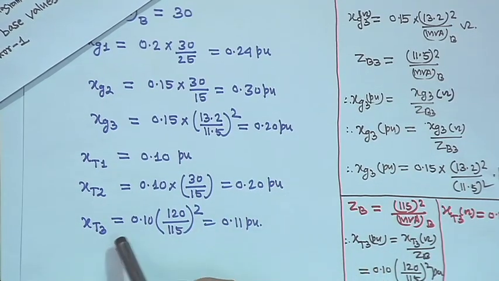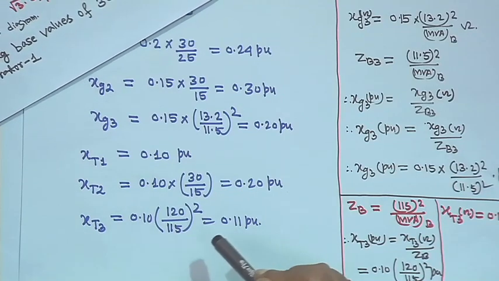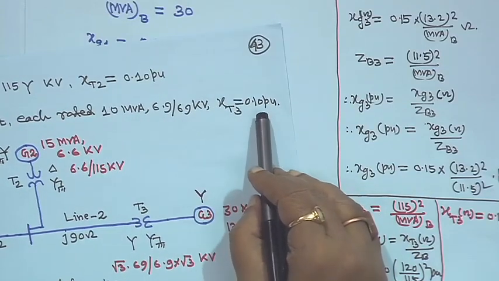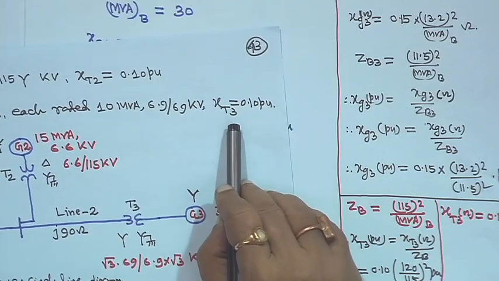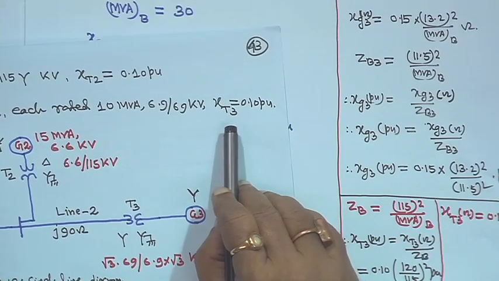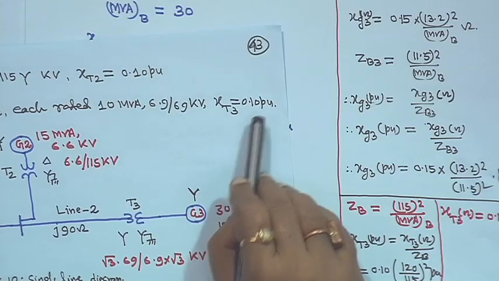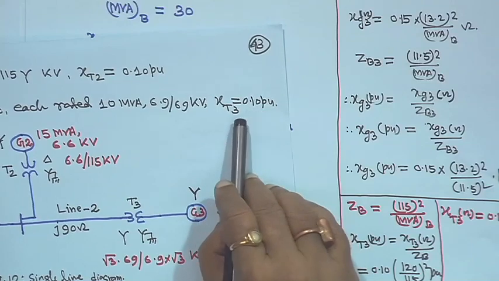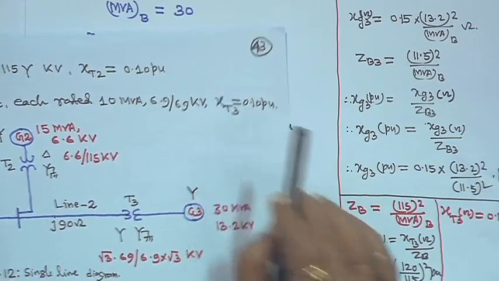Similarly, XT3 for transformer T3: it is three single phase transformers, but its rating is given per unit as 0.10. Remember one thing: whether single phase or three phase does not matter. If it is given in per unit, you have to take 0.10 as it is for three phase. Please do not multiply by 3 or root 3, otherwise things will be wrong. Whatever is given, you take.